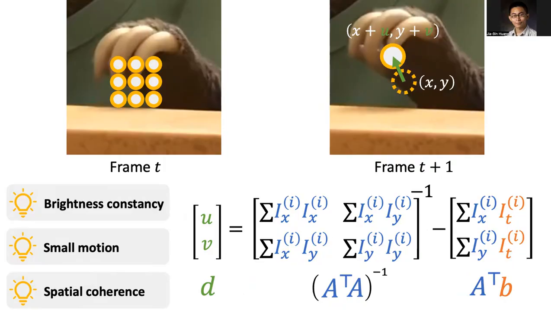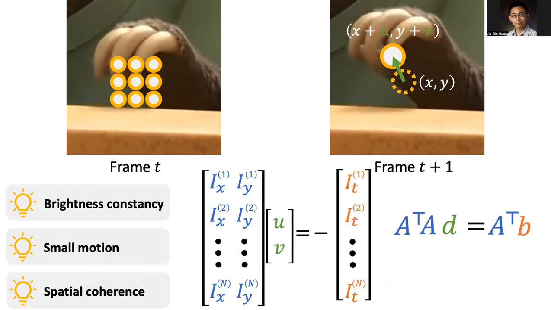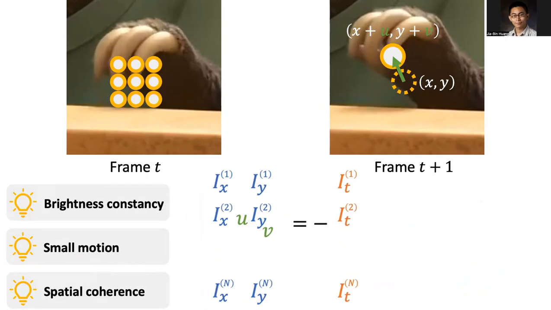Unknown is the u and v. In the equations, we don't know what the motion is.